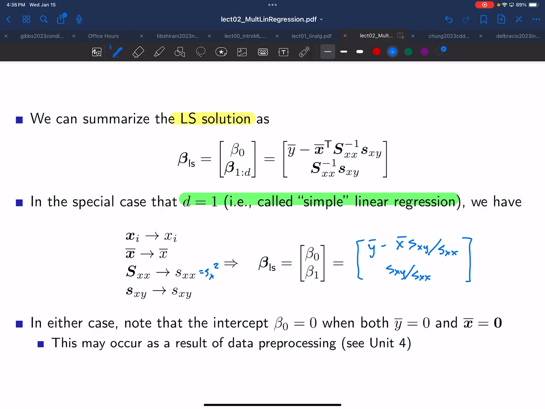So obviously much simpler in the case that you have just a single feature. Okay, any questions on this?